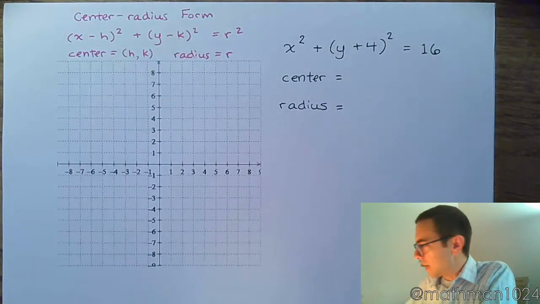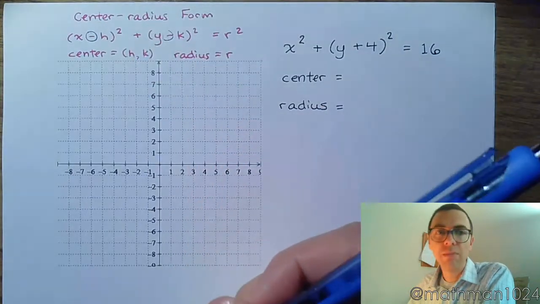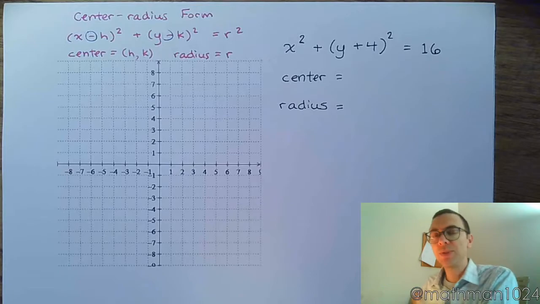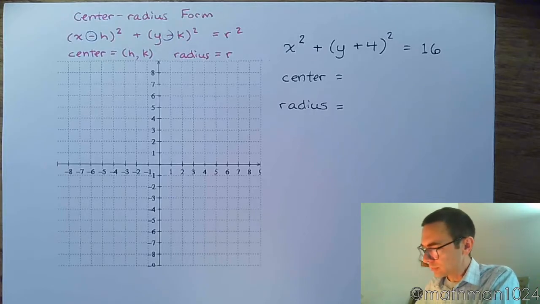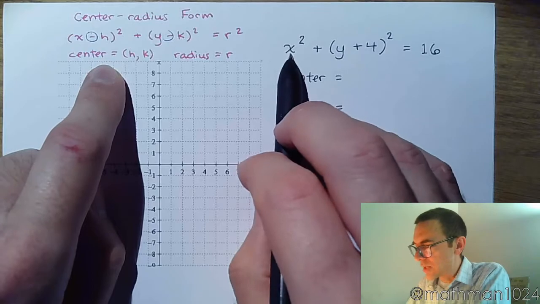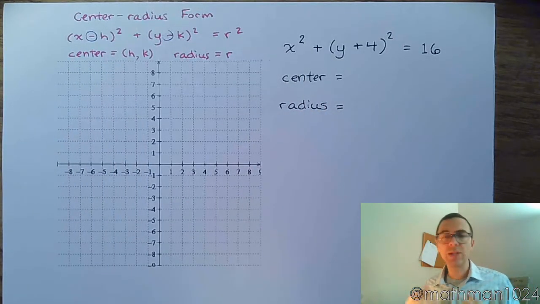Also, you see that we have subtraction in this form. We have x minus h, y minus k. So when we are trying to identify the h and the k, we have to do the opposite of what we see, as is common with those kinds of forms. So here in this problem, it's already set up to be in center radius form. You'll notice here that this is just x squared. It's not x and other stuff in parentheses squared, it's just x squared.